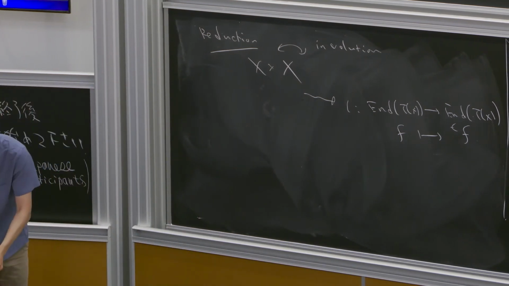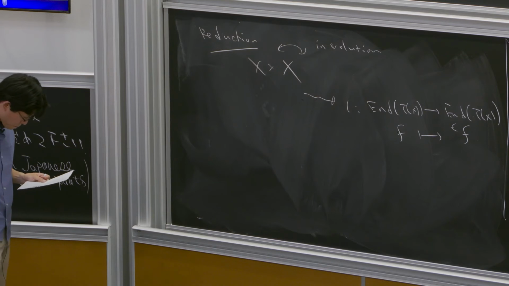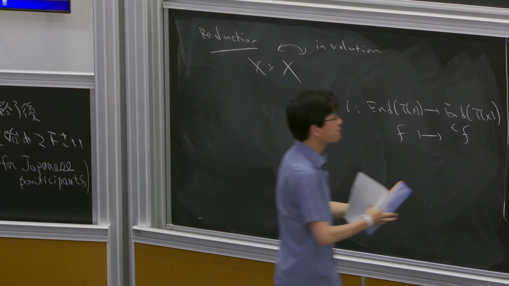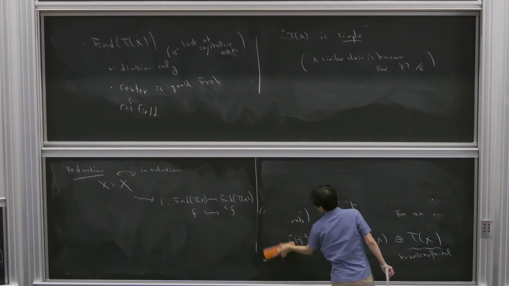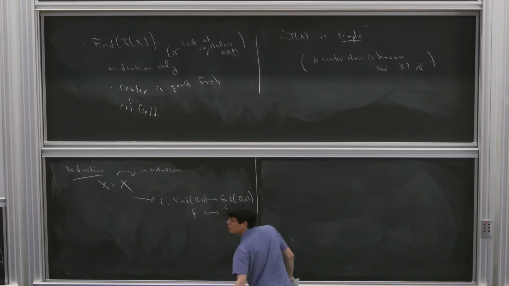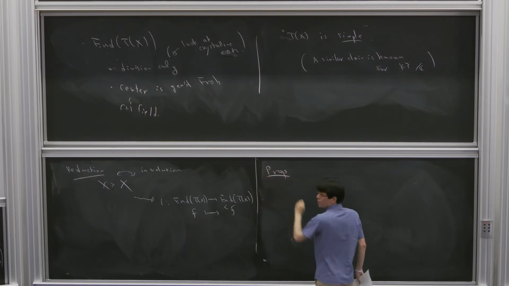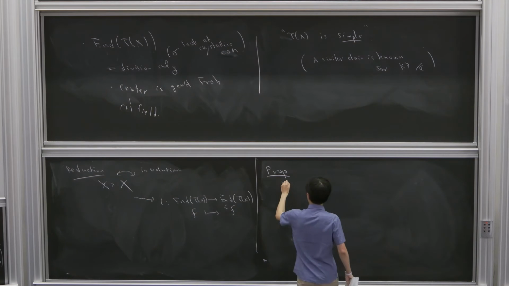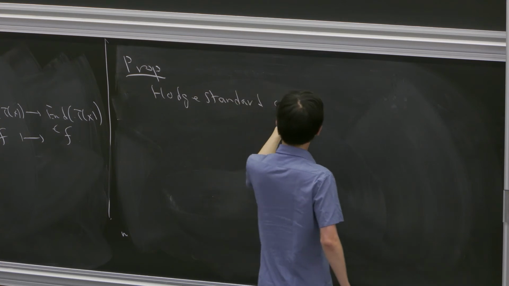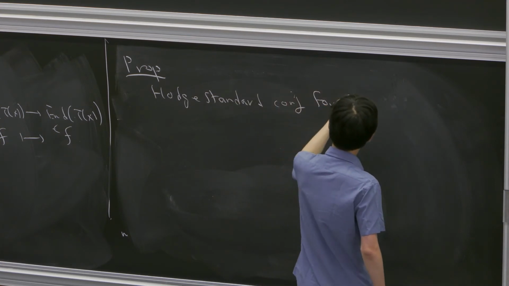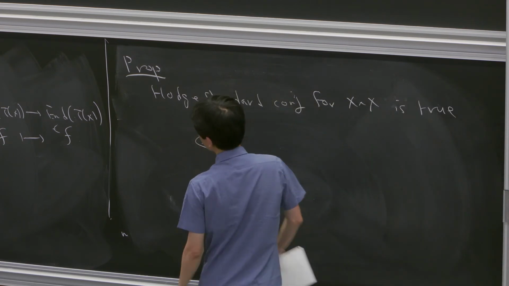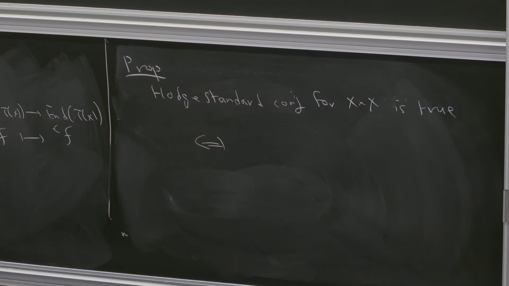And the claim is: the Hodge standard conjecture is true if and only if this involution iota is positive.